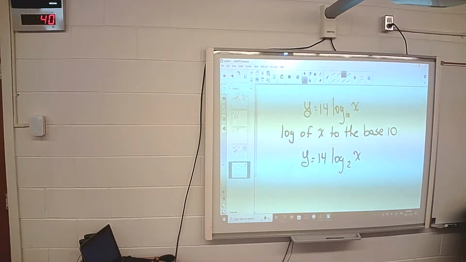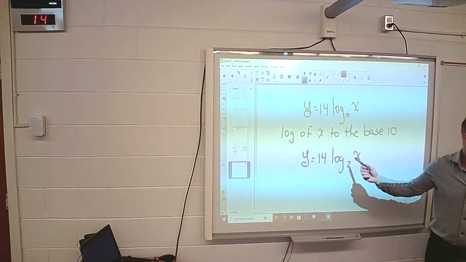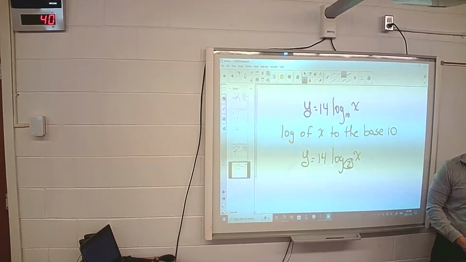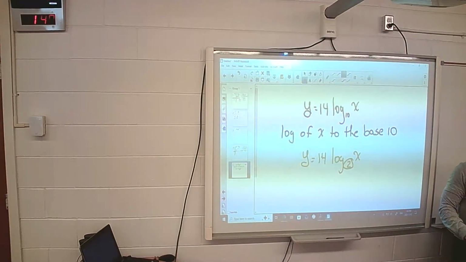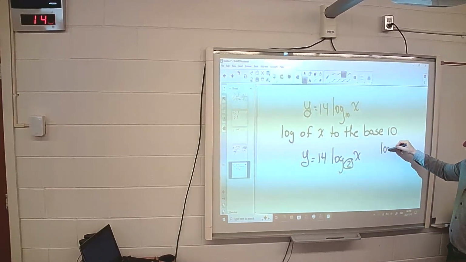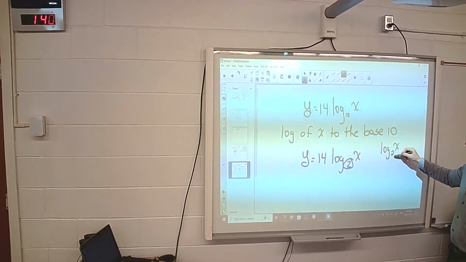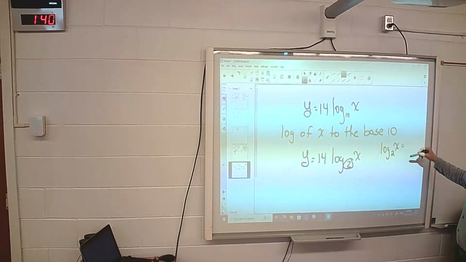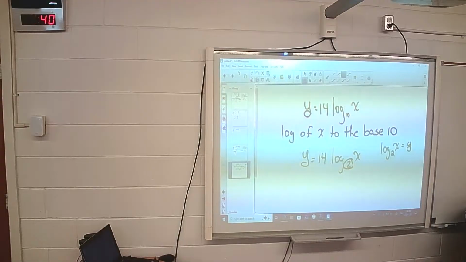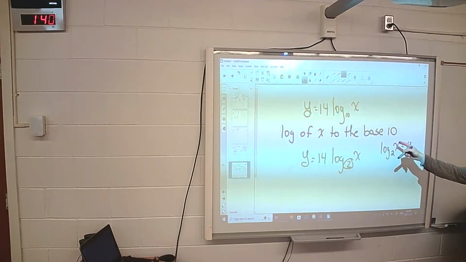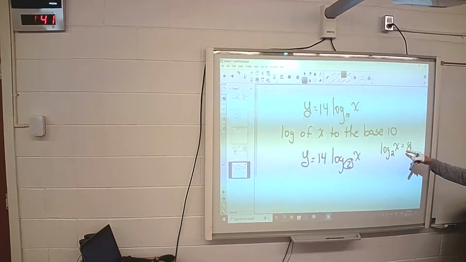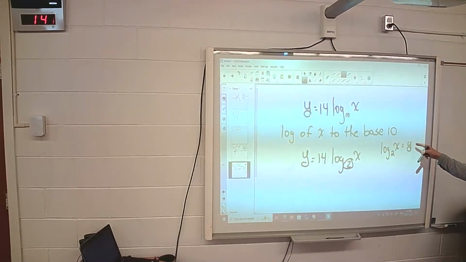All right. This would be said to be the log of x to the base 2 because my base value is always this. Now, what you will learn as we go through this is if I take the log of x to the base 2 and I let it equal to y, I can change this into an exponential function by taking the base, moving it up to the right side.